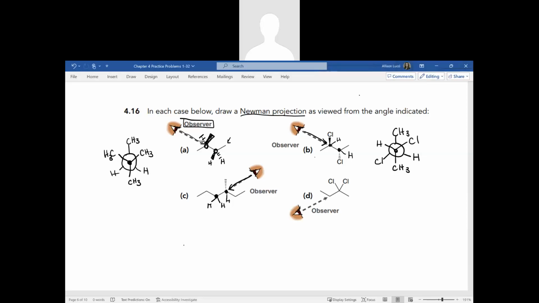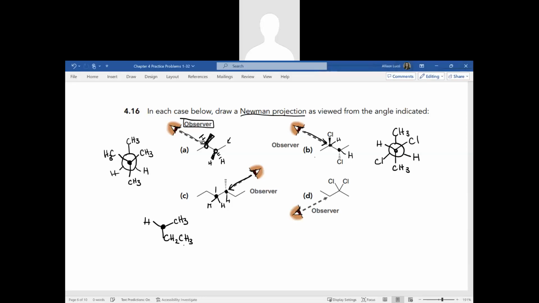So on this front carbon, as mentioned, we have our methyl group pointing up and to the right here. Then we have the ethyl group pointing down. And then our third group would be hydrogen.